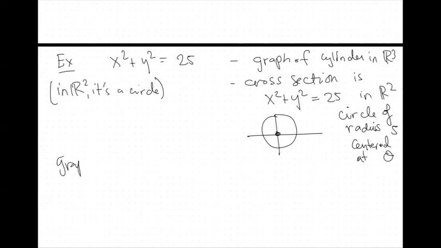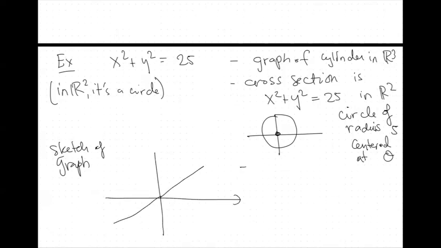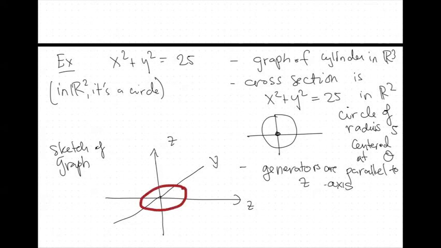So for the sketch of the graph, the generators are parallel to the z-axis. So this is your z-axis, this is our y, and then this is our z, and then situate here our circle, and then here we get our surface that extends in both directions, of course.